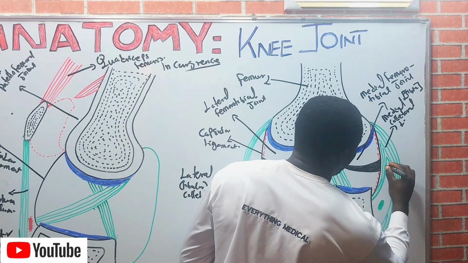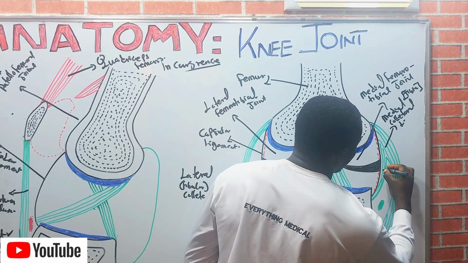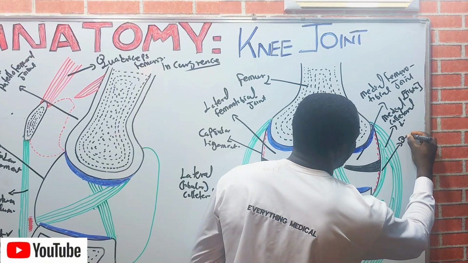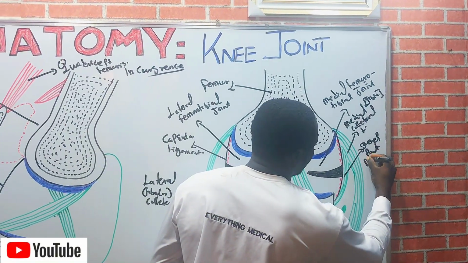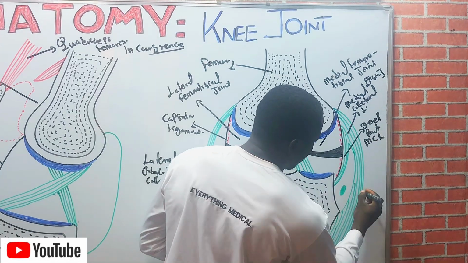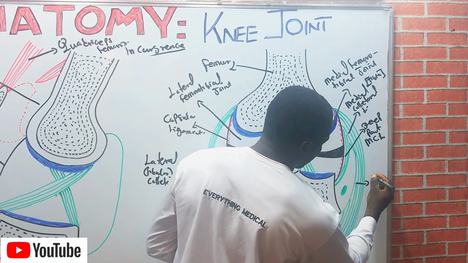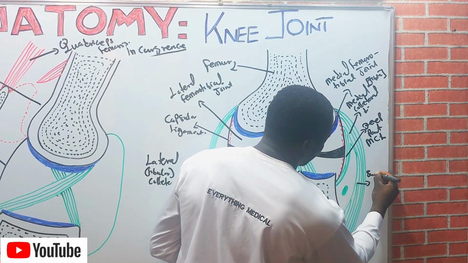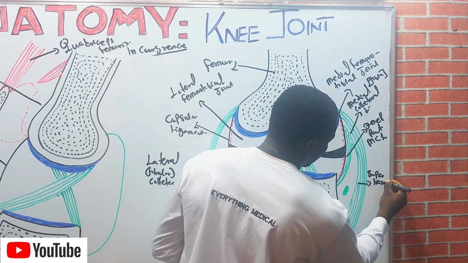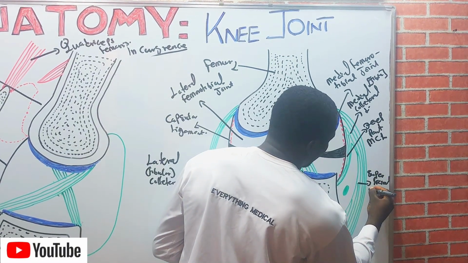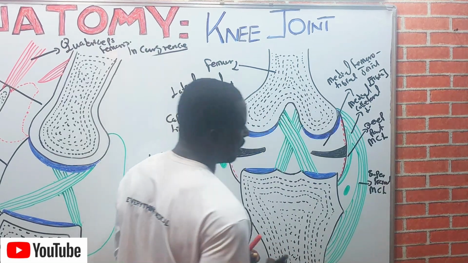Here is the deep part of the medial collateral ligament, while here is the superficial part of the medial collateral ligament.